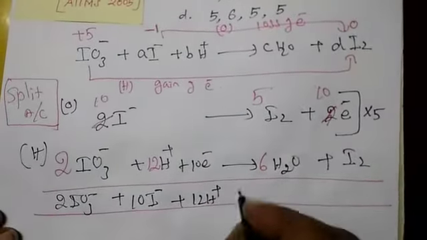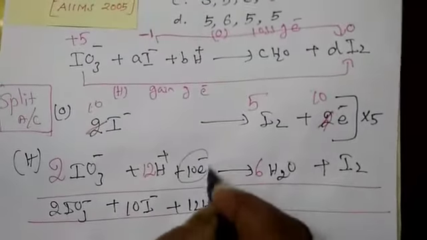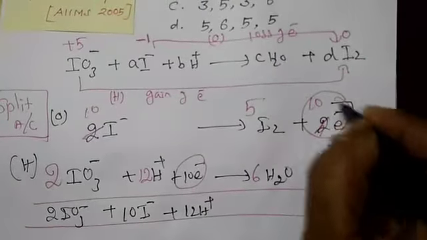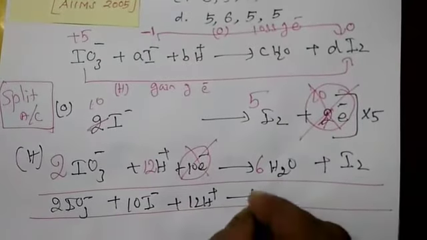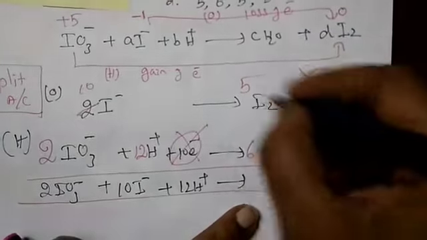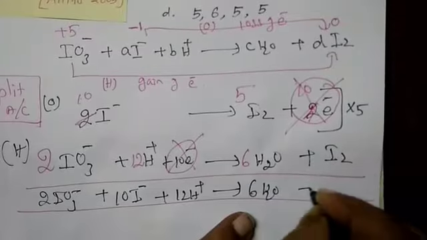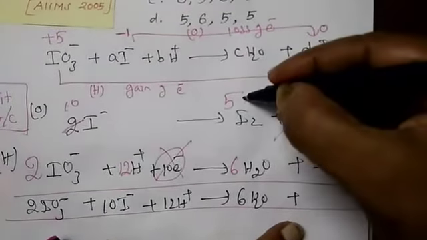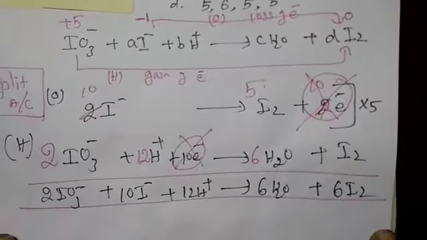The 10 electrons cancel on both sides. Now you give an arrow. What is written here? Water. Write water. Don't hurry up. 6 water plus iodine. Here you are having 5 plus 1, 6 iodine. So our work is over.